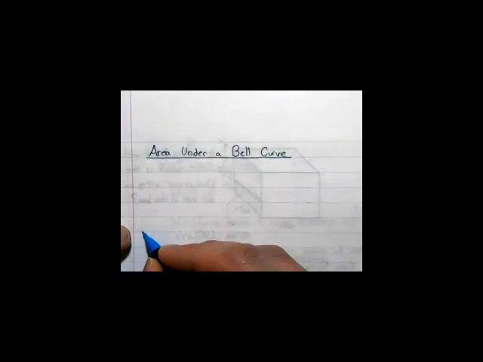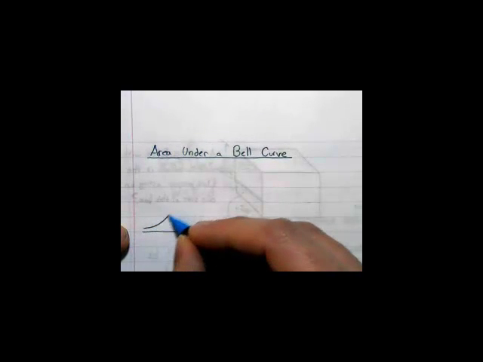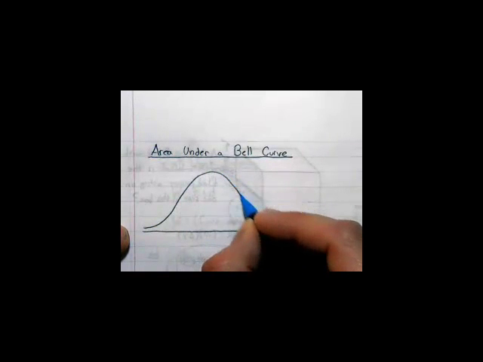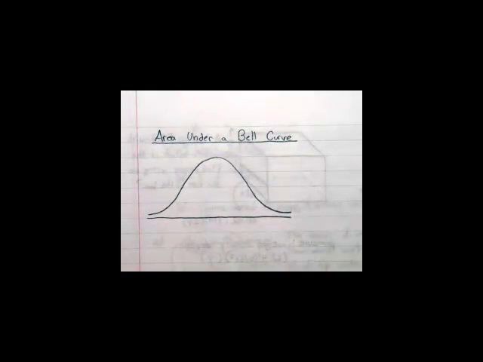Because the way that a bell curve is set up, the area underneath it is exactly 1.